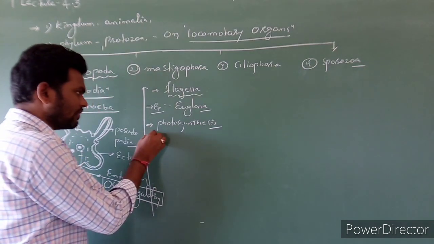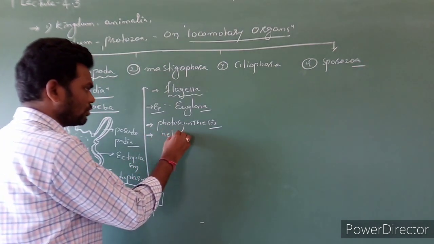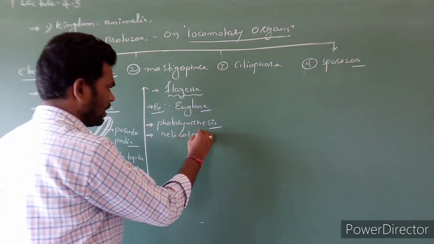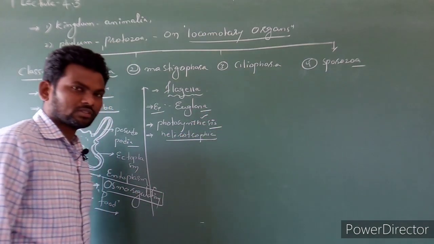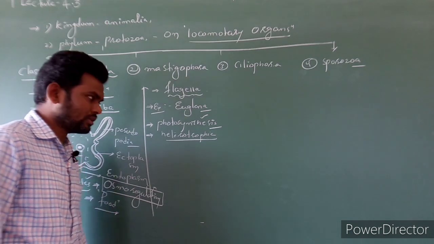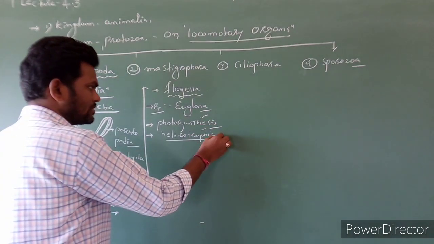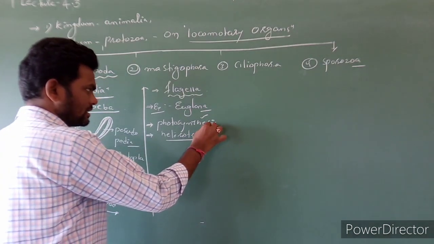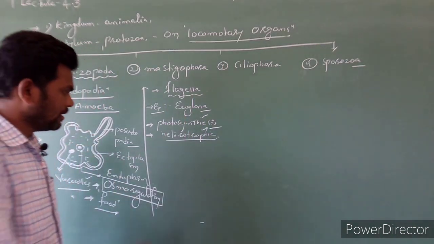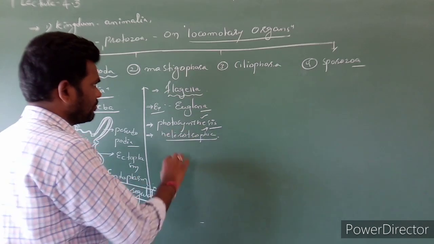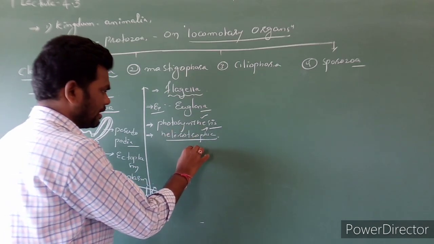In the absence of light, it can act with heterotrophic nutrition. Photosynthesis is nothing but autotrophic nutrition. Next, in the absence of sunlight, it can perform heterotrophic nutrition. Clear? So the diagram of Euglena is a simple diagram.